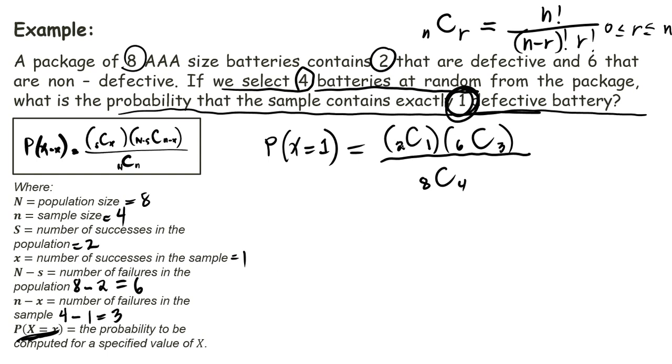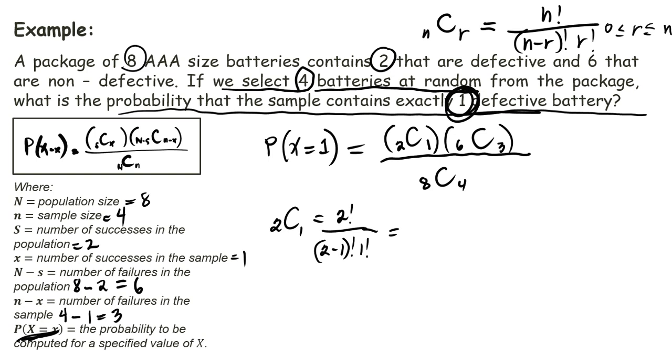Okay. So, ibig sabihin, unahin natin tong 2C1. Ibig sabihin, yung 2 po yung N, yung 1 po yung R. Pag dinirect natin siya sa formula. Okay? 2 yung N, 1 yung R. So, magiging 2 factorial over 2 minus 1 factorial, 1 factorial.